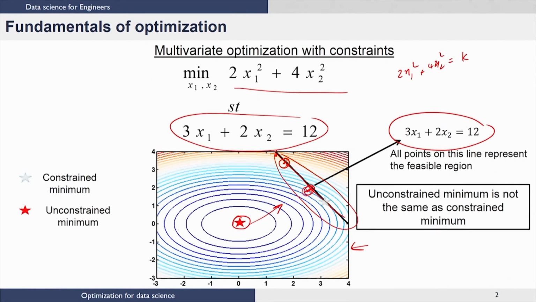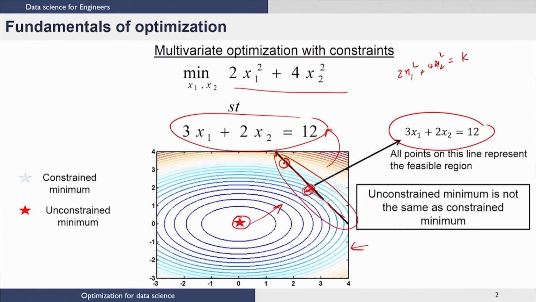So, we go back to the previous slide, and when I was discussing this slide and explaining how equality constraints affect the optimum solution, I said there are many points on this line which could all be feasible solutions. Feasible solutions meaning those are all solutions which can satisfy this equation.